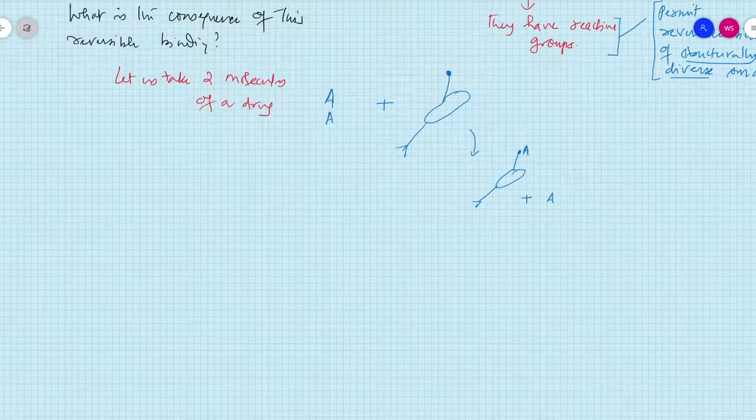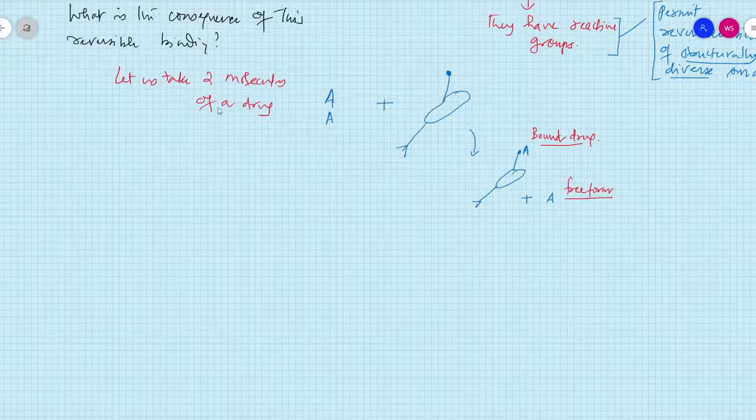The one that is bound to the plasma protein we call the bound drug, and the drug that is in the unbound form we call the free form.